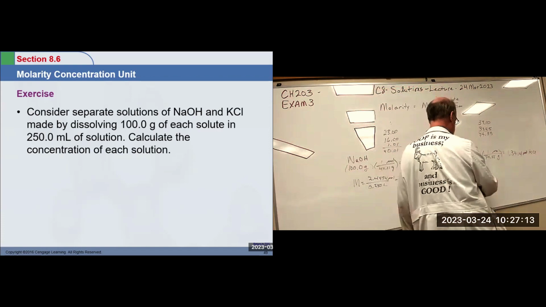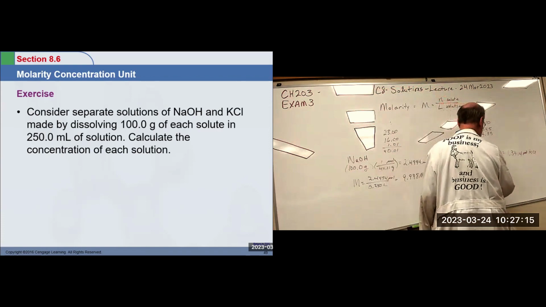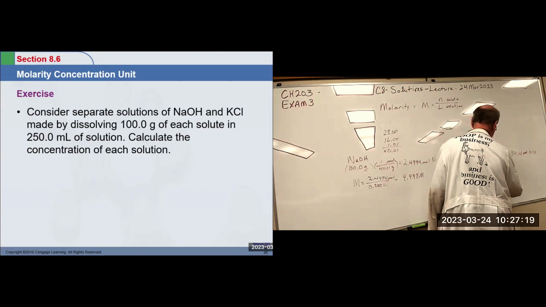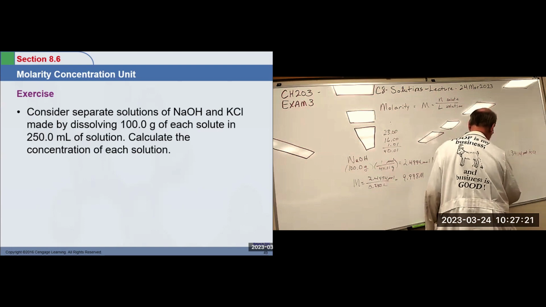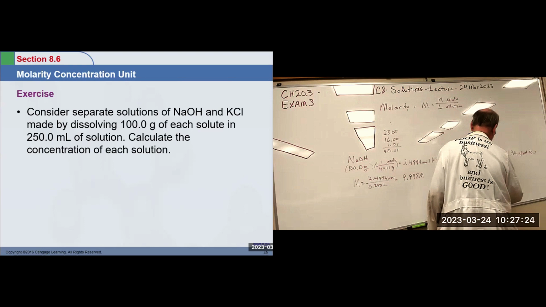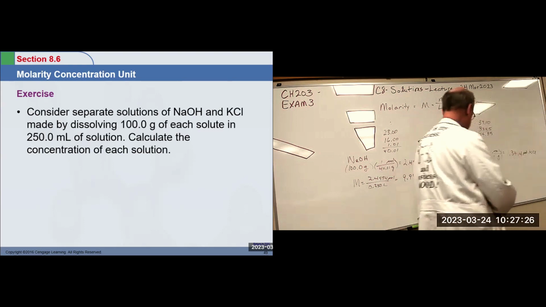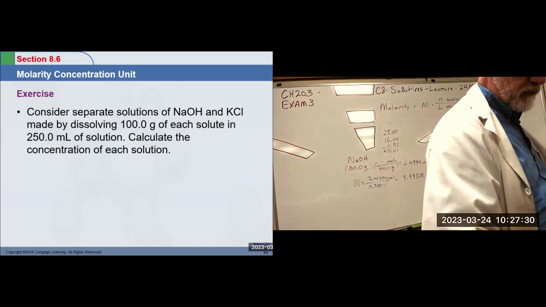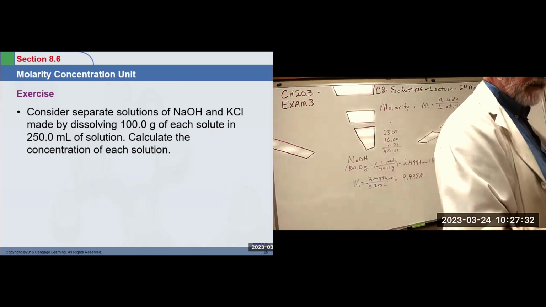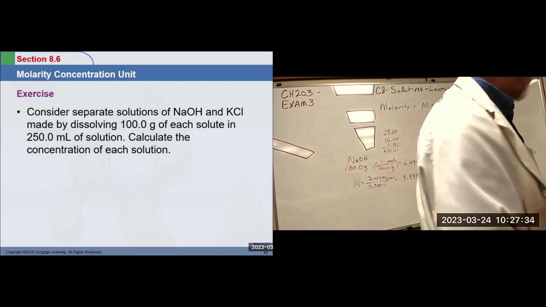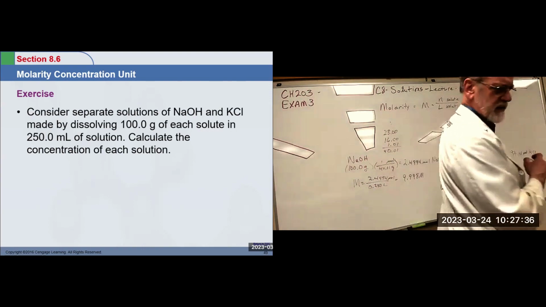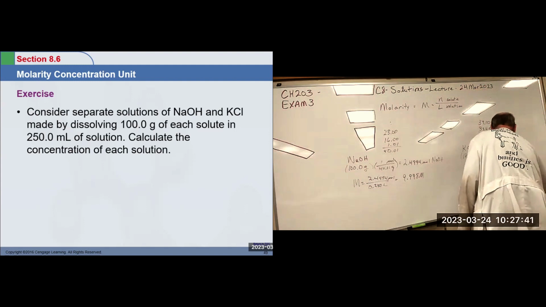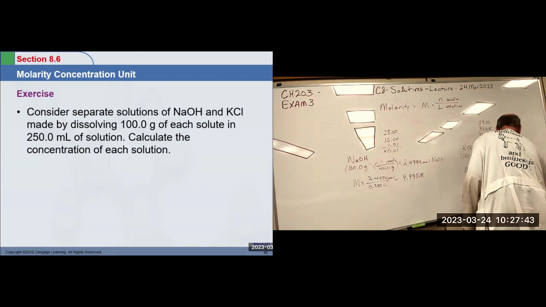And this one is 1.3414 moles per the same volume. So let's divide that by 0.25. 5.365, 5.366 molar.